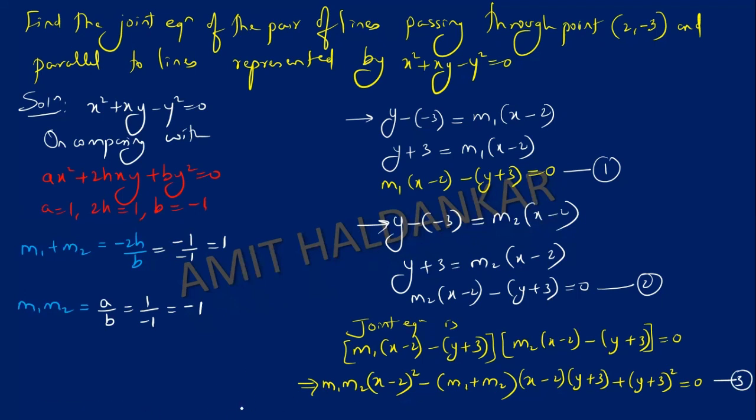Putting m1 m2 as minus 1 and m1 plus m2 as 1, we get minus x minus 2 the whole square minus x minus 2 into y plus 3 plus y plus 3 the whole square is equal to 0. Now this is your final answer. You can multiply this by minus 1 and expand to get the final equation.